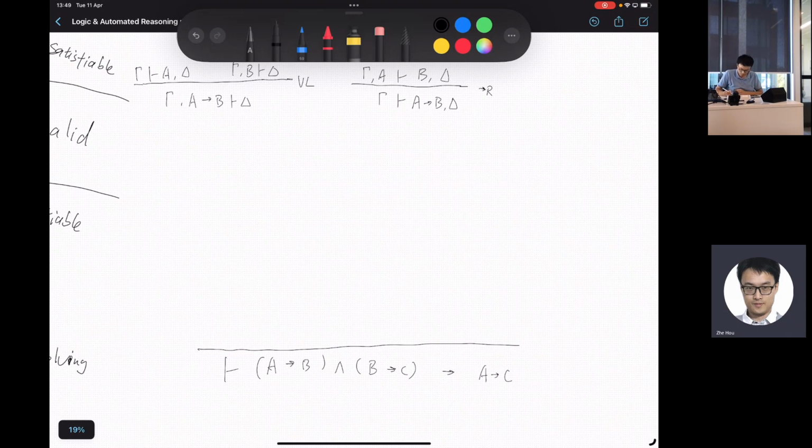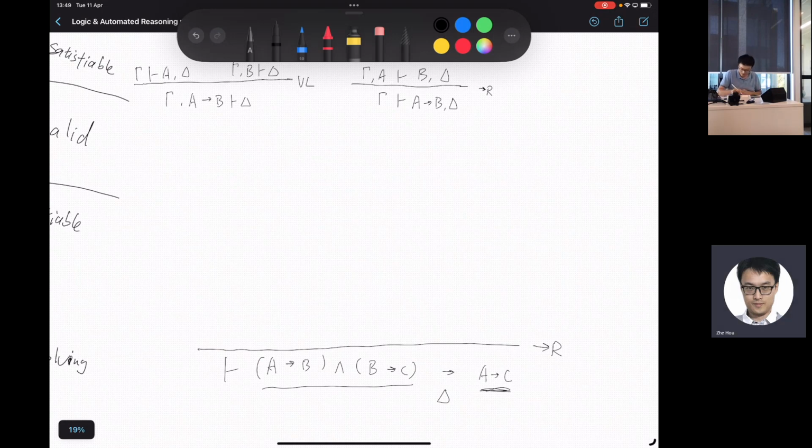Okay, so what do we do? Now remember, this is an implication. So we have implication on the right-hand side, and naturally we're going to use implication on the right. That's extremely straightforward, systematic. You have some logical connective, and depending on which side of the turnstile it's at, you apply that rule.